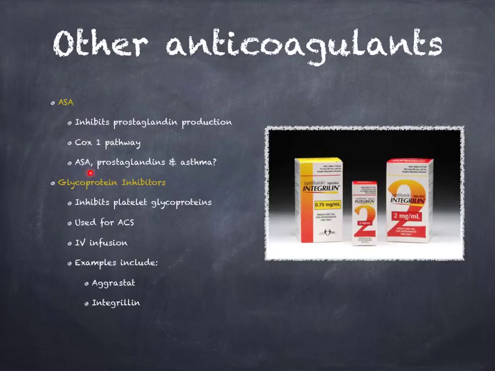One thing we need to be careful about with aspirin is people that have very severe asthma and some intolerances to aspirin. There is a slight association with giving aspirin and development of asthma attacks, so it's something you want to be potentially concerned about.